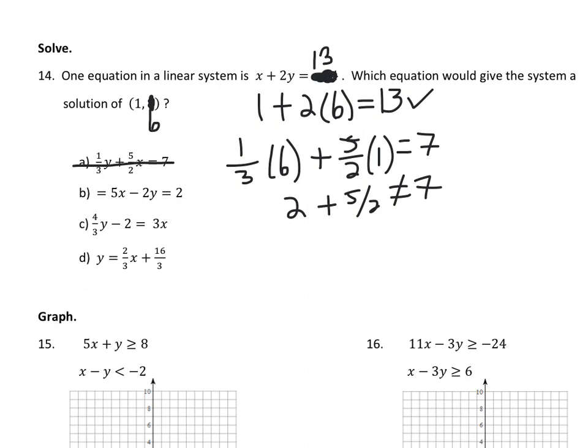B, 5 times 1 minus 2 times 6. Does that equal 2?